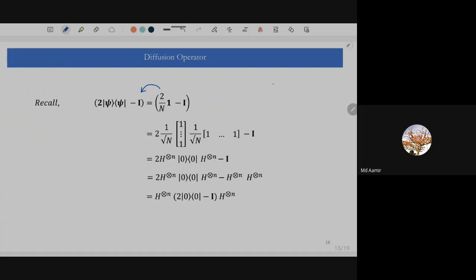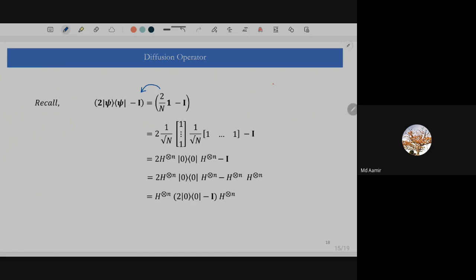So we'll try to expand that. We have 1 by root n and 1 by root n, written in two terms. We have this 1, which is a column vector, and 1, which is a row vector, and when we multiply these two, this will give us the all-ones matrix, which is what we have here. So I'm just decomposing it.